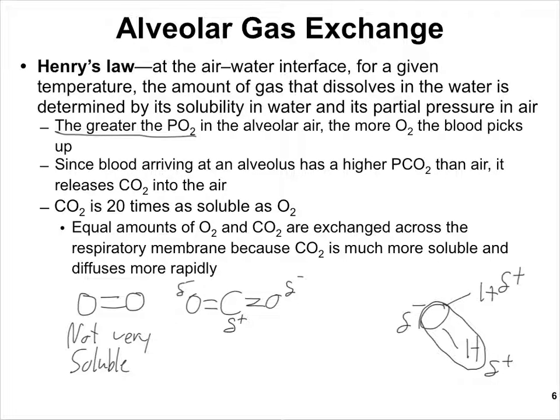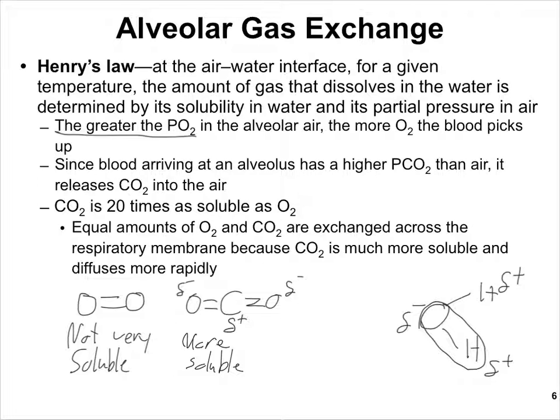For instance, this can't really do hydrogen bonding because it doesn't have any hydrogens attached to it, and it's a balanced polar molecule because both of your polar poles are pulling in opposite directions. The molecule overall isn't polar, but these bonds are polar and they can interact with water. So this is more soluble.